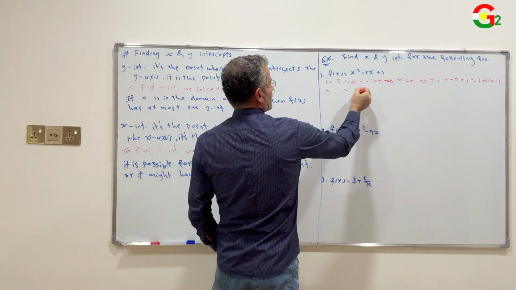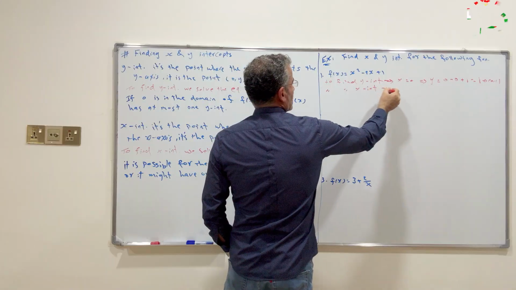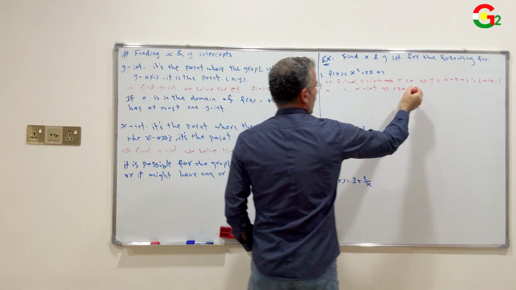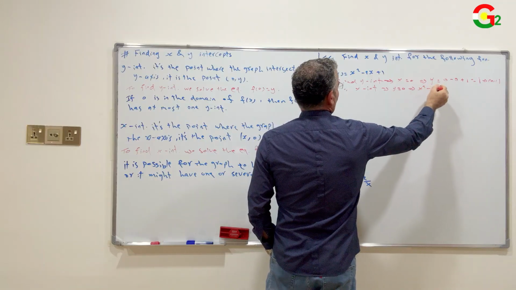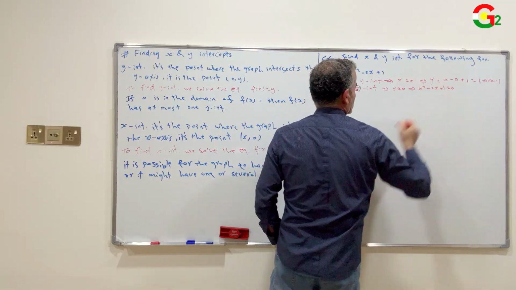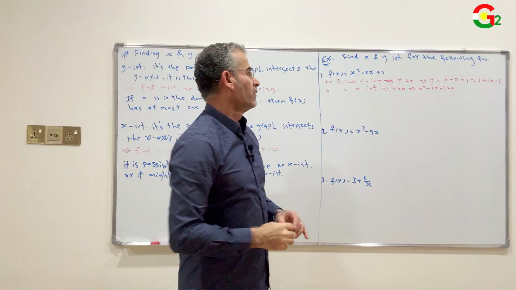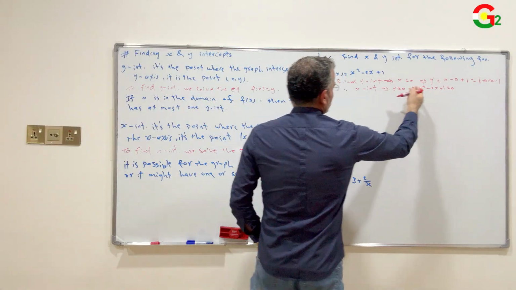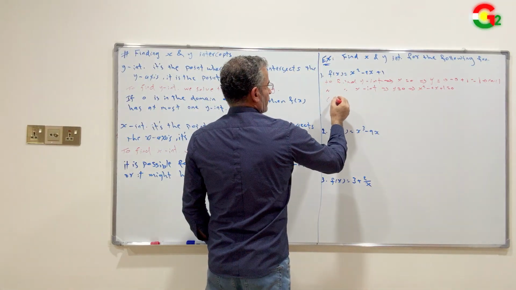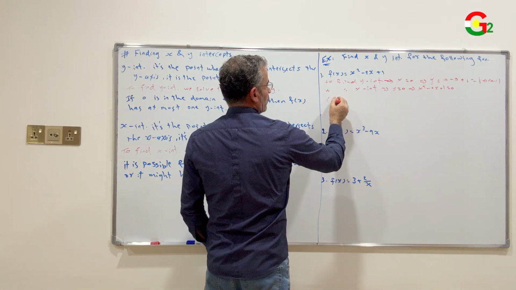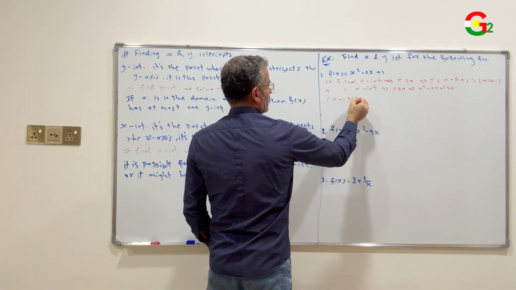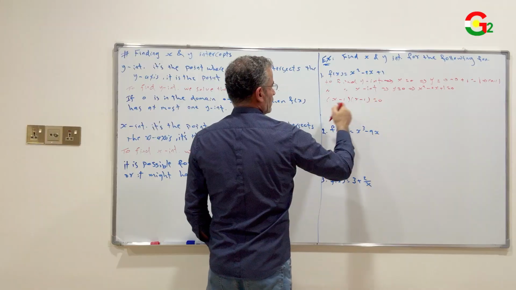To find the x-intercept, set y equals 0 and solve the equation x power 2 minus 2x plus 1 equals 0 for x to find the value of x. Analyze this polynomial of degree 2 by factoring: x minus 1 squared equals 0.